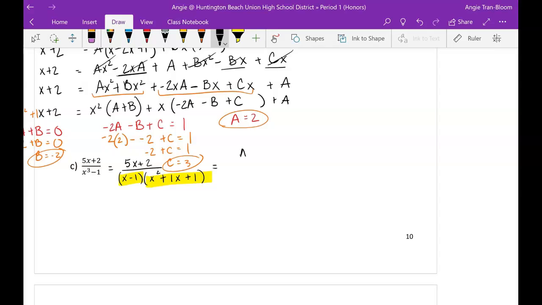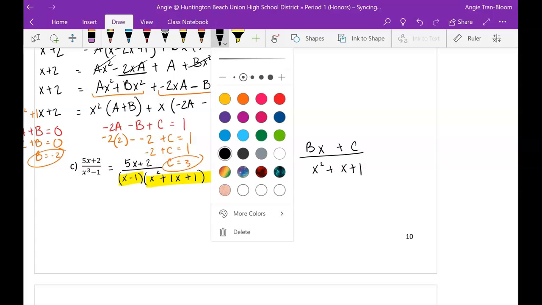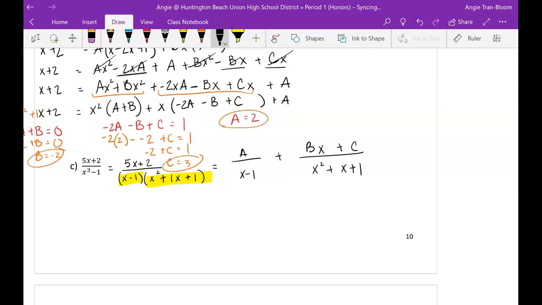So now this is going to be a over your linear plus the formula said bx plus c over x squared plus x plus 1. Okay. So now, just like the previous one, we are going to try to clear out your fractions. So I'm going to write it back again so that way I have space, okay?